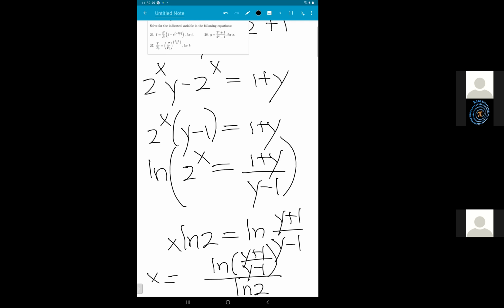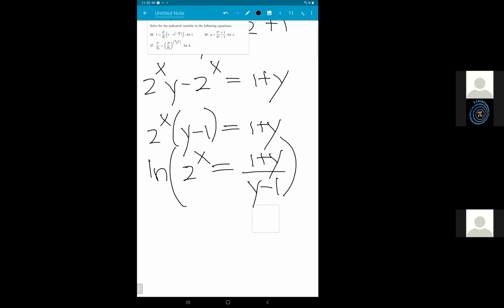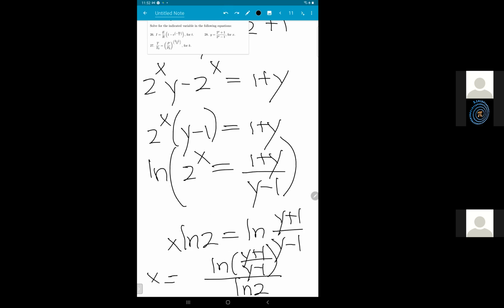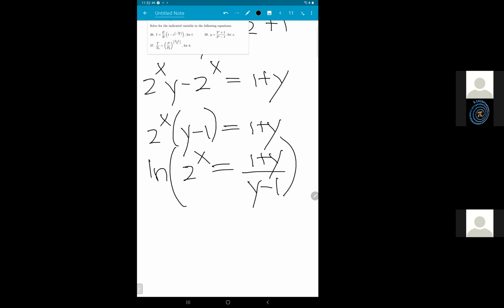But if this were a problem on finding the inverse, okay, ganito ang mangyayari dyan. You have to write this in logarithmic form.